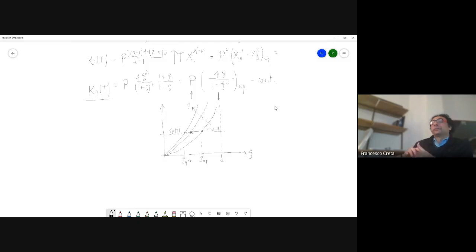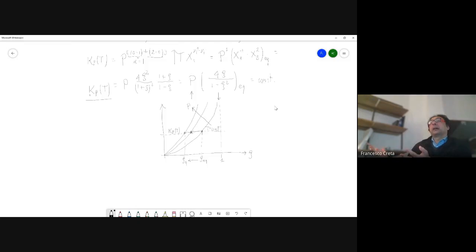So if you remember at the beginning of the course, we called this moving the system along a manifold of constrained equilibrium. So you're actually constraining the system to a higher pressure in a metastable state.